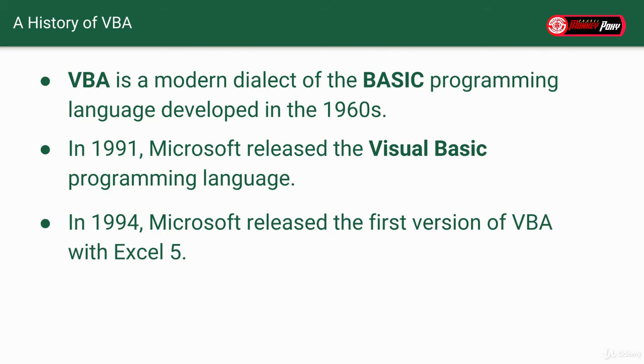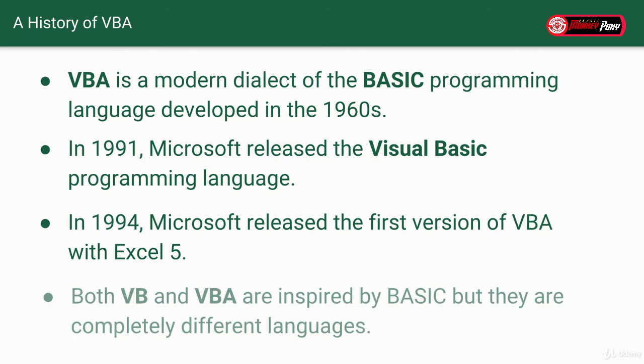So again, VBA was inspired by Visual Basic, which itself was inspired by BASIC, but VBA can only be used within the context of existing Office applications. It can't be used to develop something outside of an Office application. So key takeaway, both VB and VBA are inspired by BASIC, but they are completely different languages.